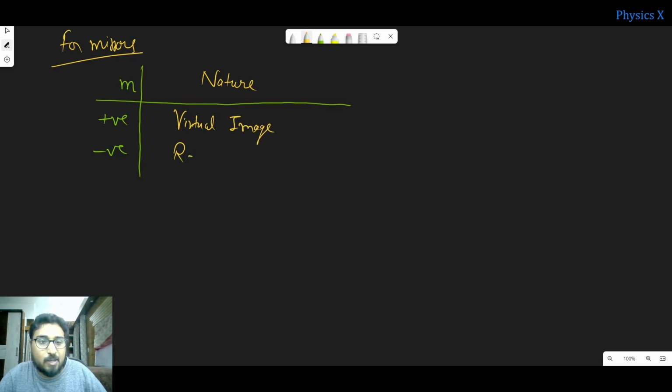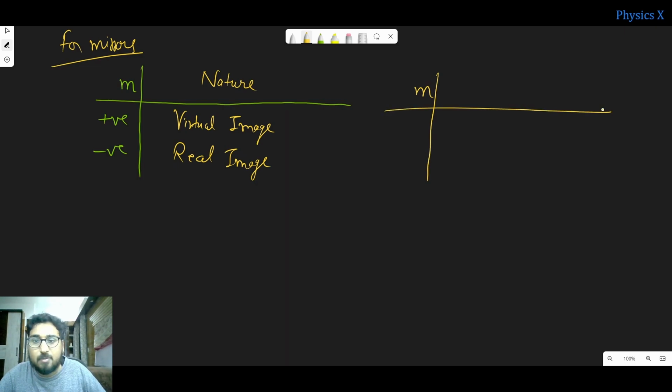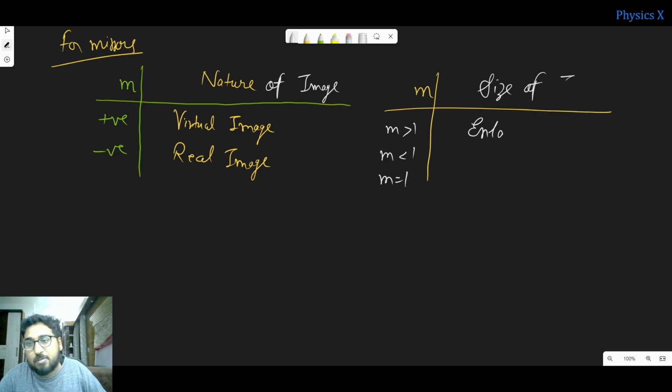This is the real image. And if I see the magnitude, m is greater than 1, m is less than 1, m is equal to 1. So this is the enlarged case, this is the size of the image. So nature of image, size of image: enlarged, diminished, and this is same size.